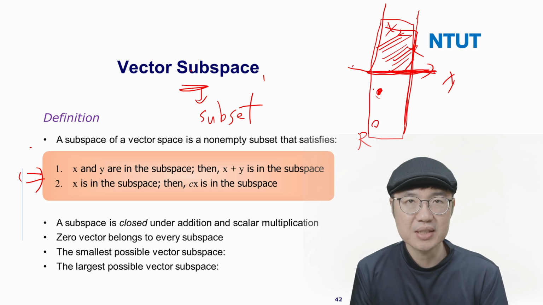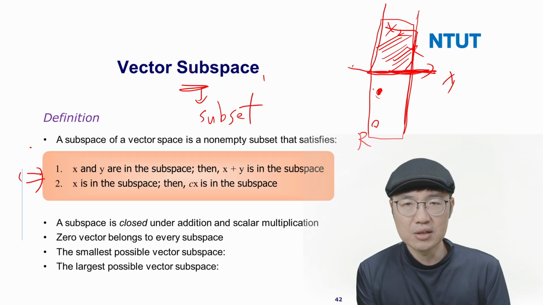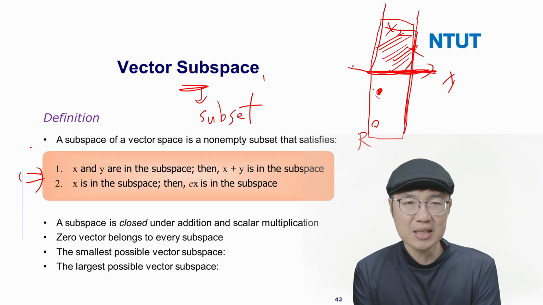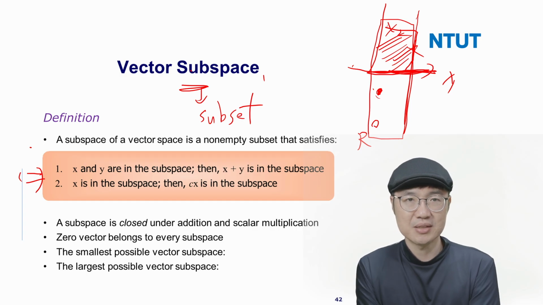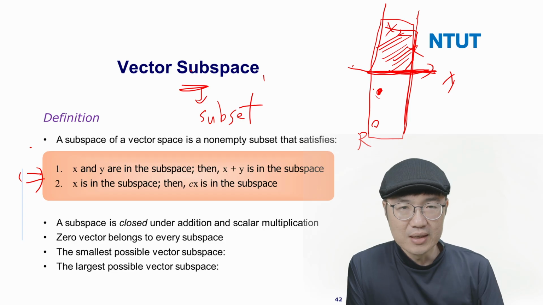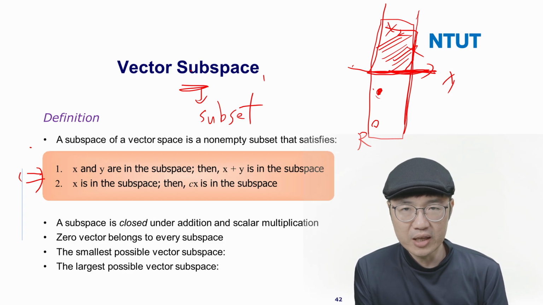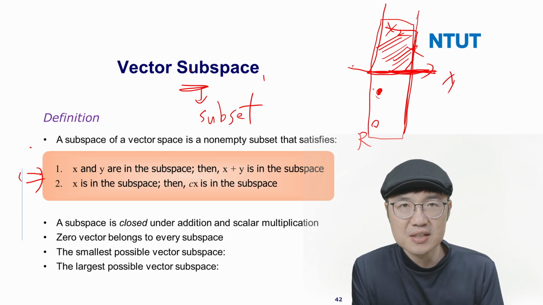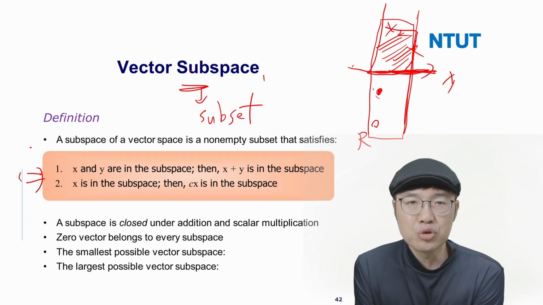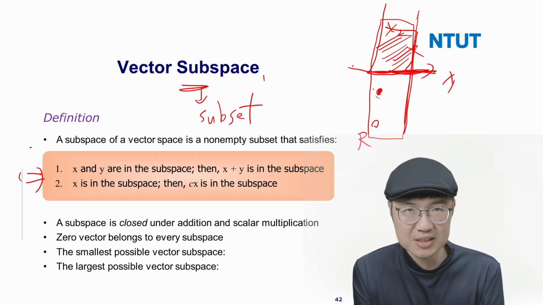also be in the subspace, the additive property. And the second one is if x is in the subspace, then cx must also be in the subspace, the homogeneous property, in other words. So if you have learned some linear systems or even circuit theory, the two conditions can be combined as superposition.